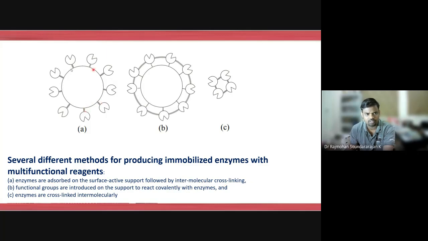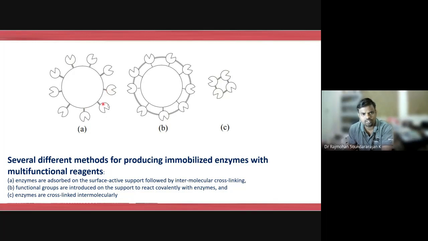Okay. So another way is that it can get into the structure of the support also. There, functional groups are introduced on the support, which will react covalently with the enzymes. That is the second model in which covalent bonding can take place. And there is a third model, which is the intermolecular cross-linking with the material we have discussed. Okay, so there are three proposed mechanisms by which the covalent bonding takes place.